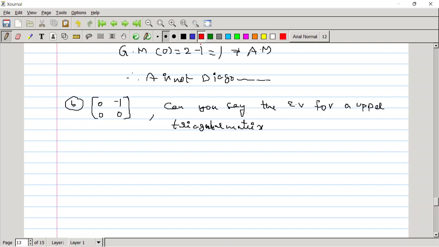Whenever we have an upper or lower triangular matrix, let me write for one matrix.